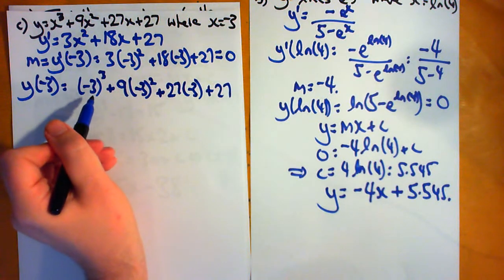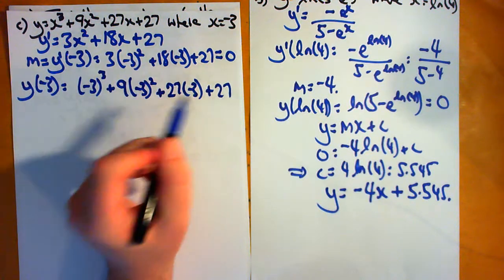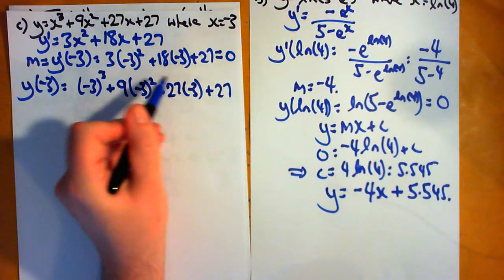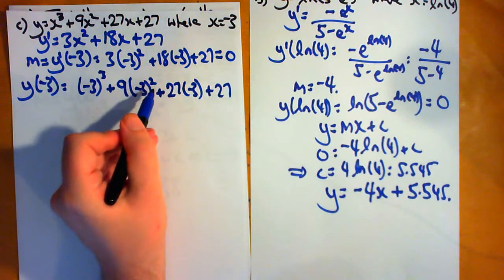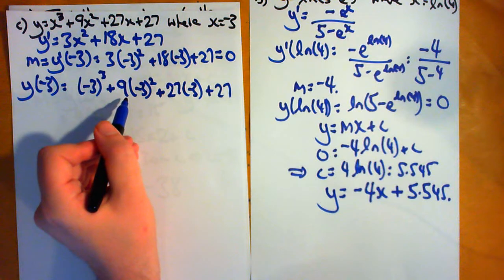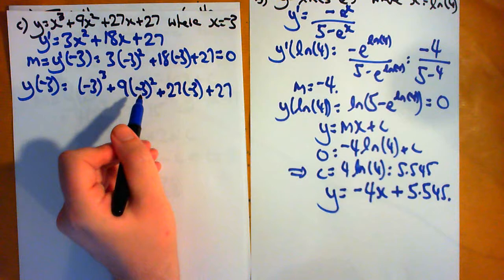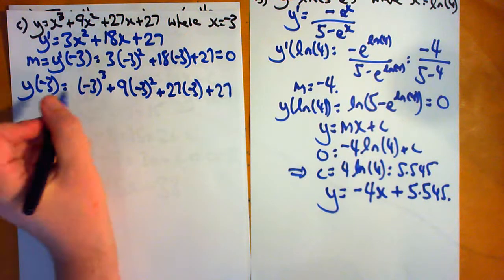Negative 3 cubed is negative 27, plus this 27 is going to cancel out, which leaves only what's in the middle. Negative 3 squared is 9, times 9 is 81, and 27 times negative 3 is negative 81. These two cancel, so we get 0.